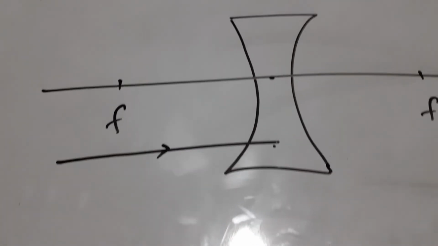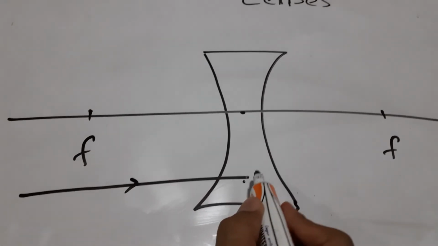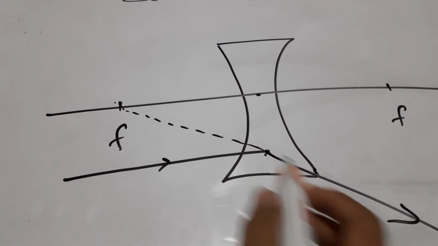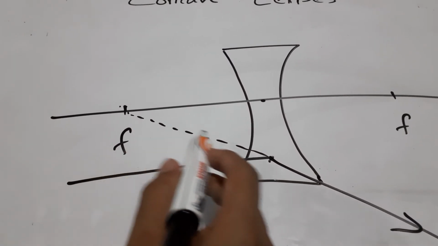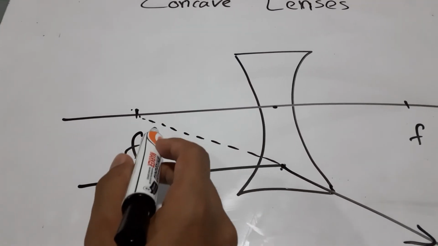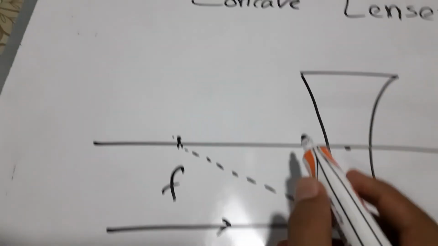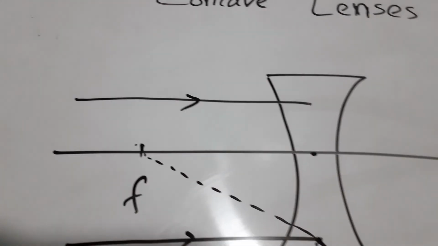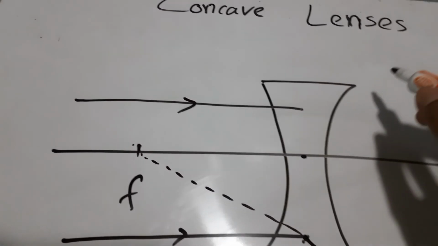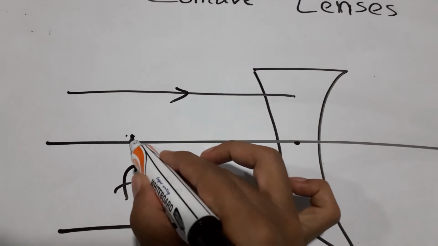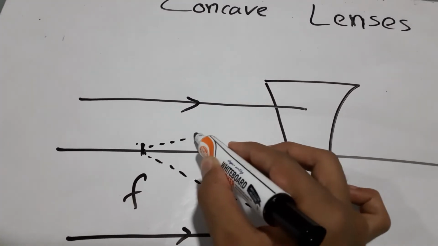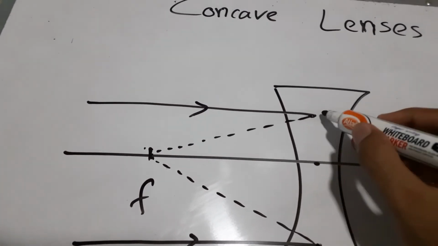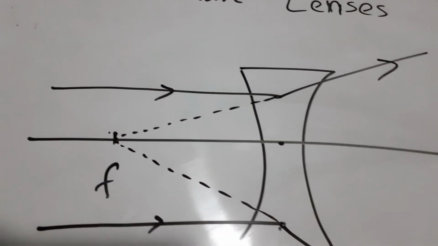But here the light rays will be diverged, as if coming from the focal point which is behind the lens. When you take another parallel light ray, this will also be deflected as if it is coming from this point. So we draw it as dotted lines, and then if you extend this line, you will get the light ray.